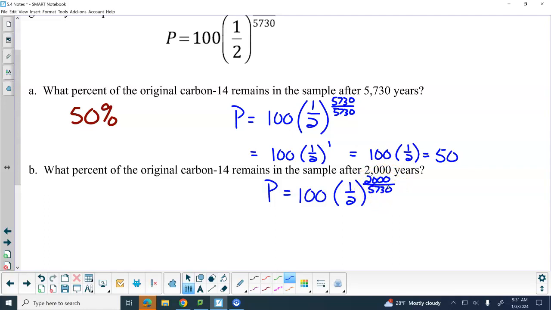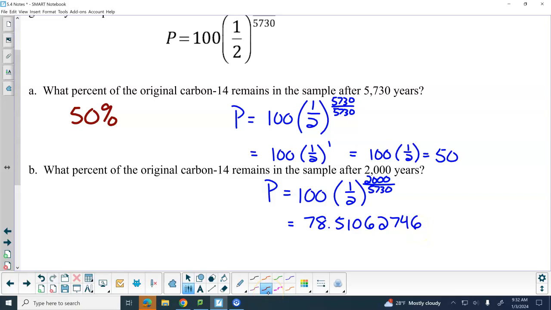If I plug that in, 100 times 0.5 raised to the 2,000 divided by 5,730 should be bigger than 50%, and I get 78.51062746.